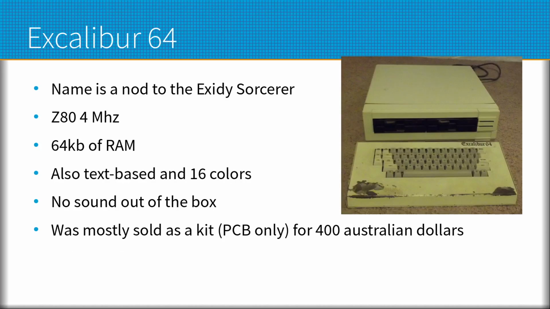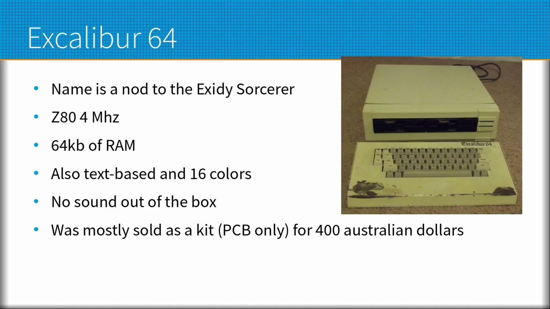And 2 years later, they released the Excalibur 64 for 400 Australian dollars as a kit, because as you can see here, the user was expected to make their own keyboard and case for the computer. So not exactly for newbies, should I say.